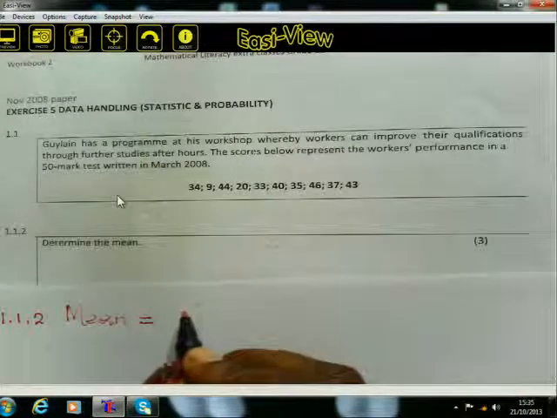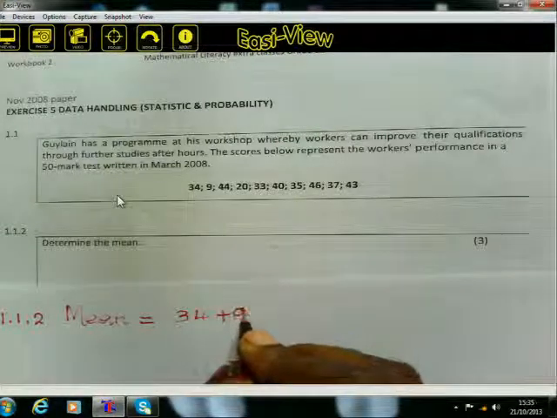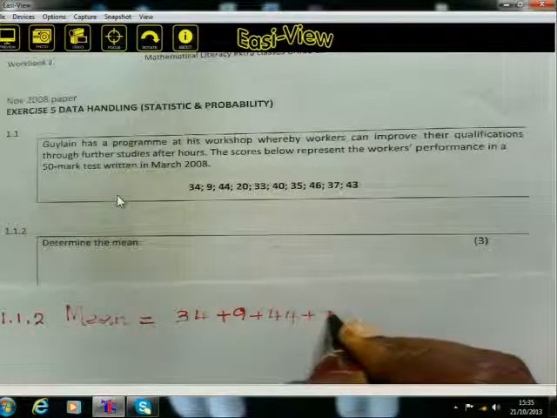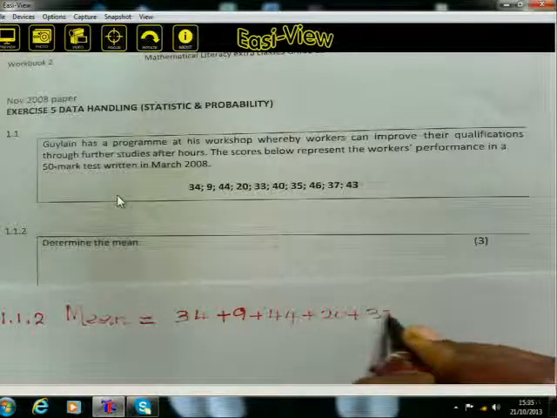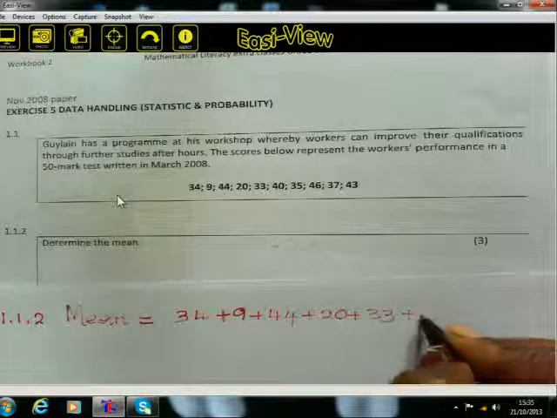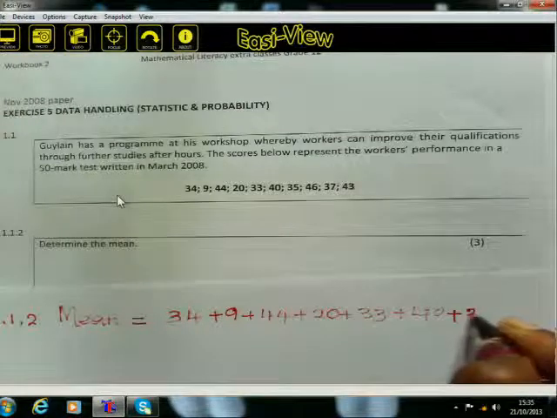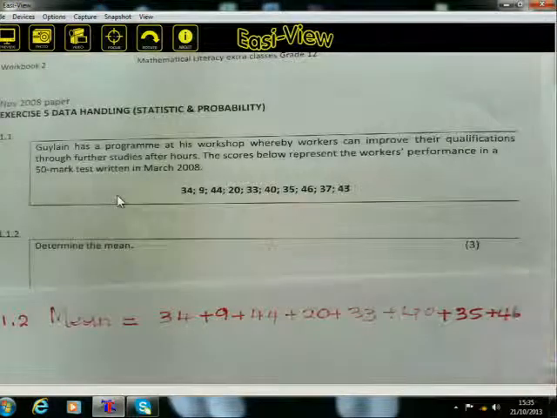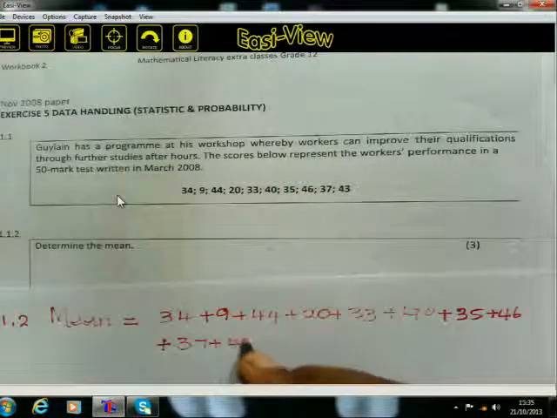Now you are going to calculate the mean. So what are you going to do? You are going to say 34 plus 9 plus 44 plus 20 plus 33 plus 40 plus 35 plus 46 plus 37 plus 43.